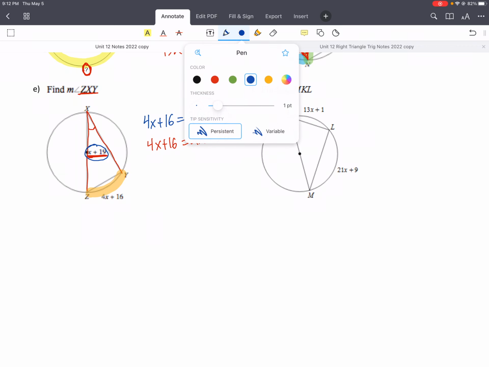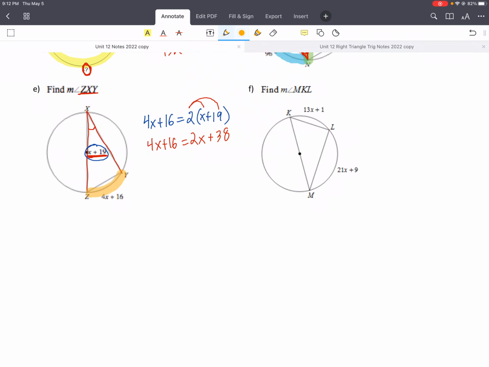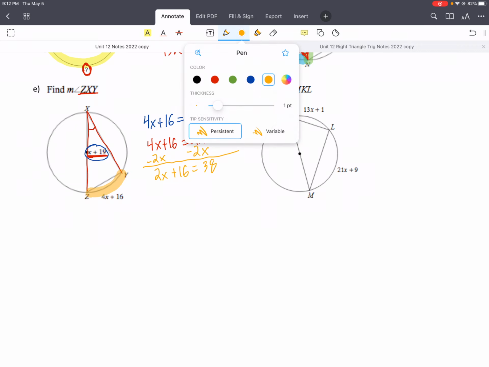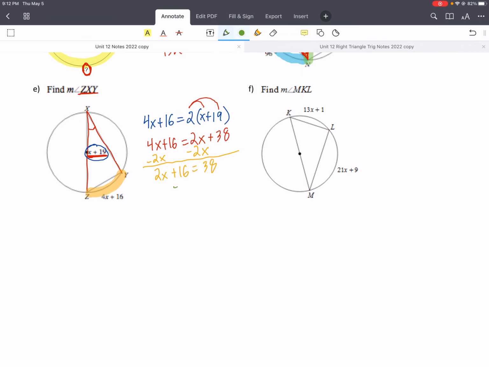Now we can subtract 2x. So that gives us 2x plus 16 is equal to 38. And now we can subtract 16. So that gives us 2x is equal to 22.